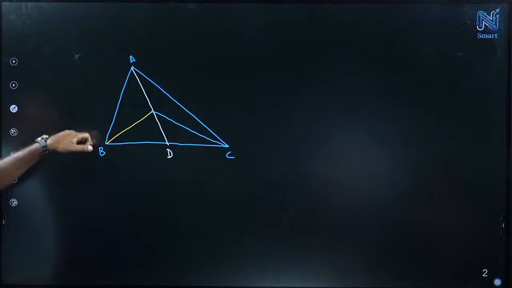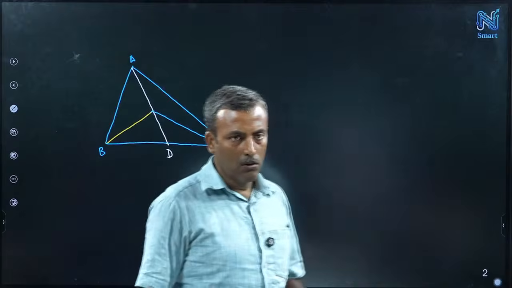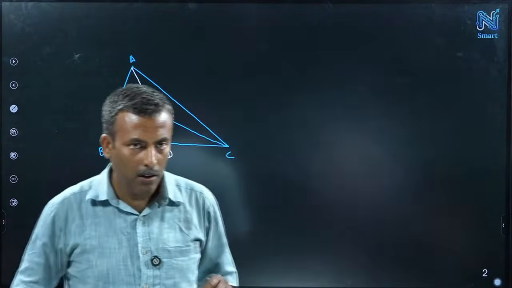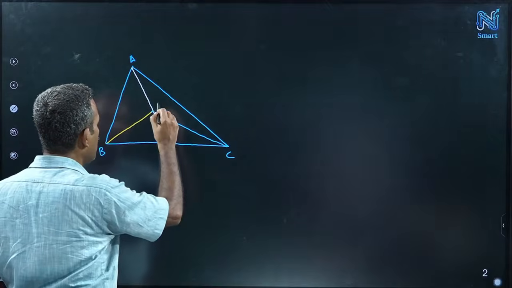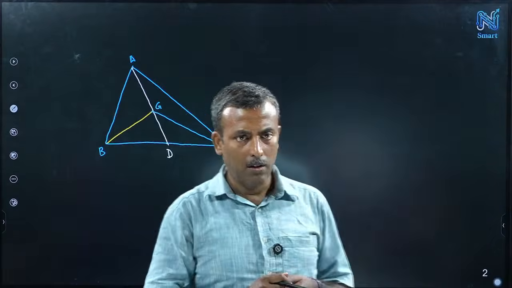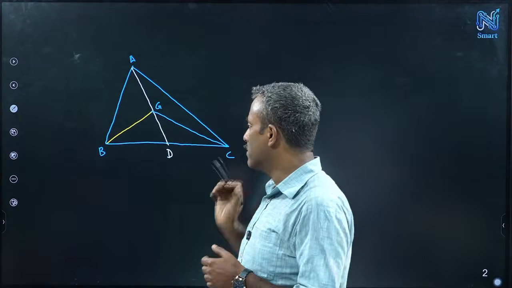ABC is a triangle and D is the point on BC. We join AD and take a point G on AD, any point on AD, and we join BG and CG.